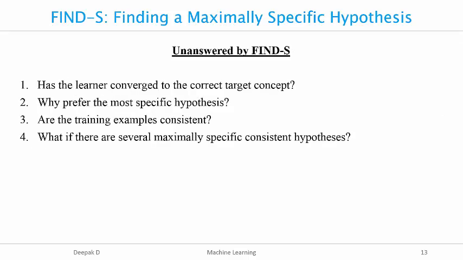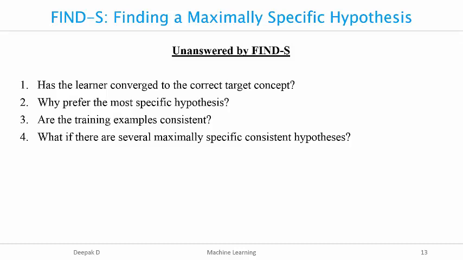So let's see some of the questions which are unanswered by the Find-S algorithm. The first one is whether the learner converges to the correct target concept. Here, the Find-S algorithm will try to find a hypothesis which is consistent with the training data. It has no way to determine whether it has found the only hypothesis in H that is consistent with the data, or whether there are many consistent hypotheses as well.